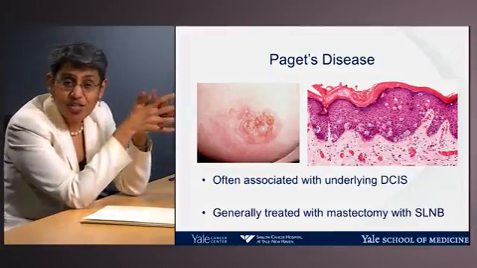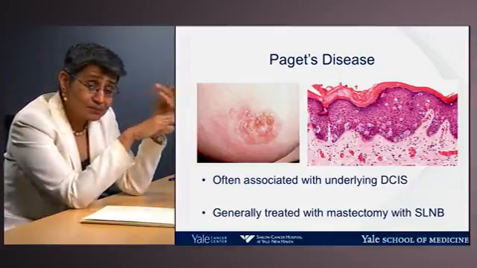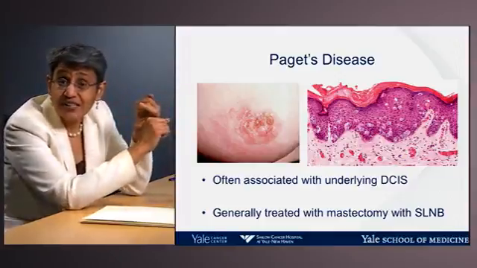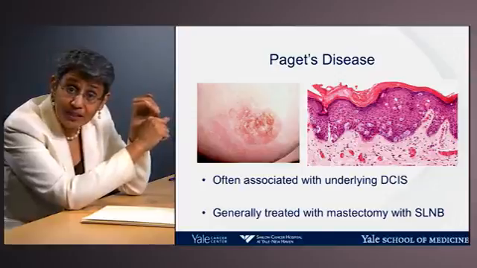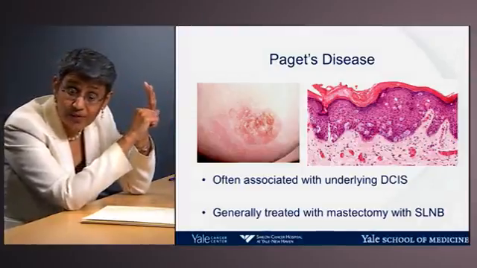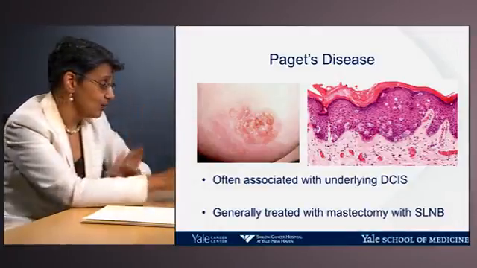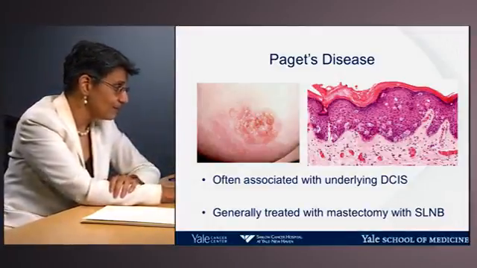So many of these patients will opt for a mastectomy, although not all. But these patients can have skin-sparing procedures with immediate reconstruction. These patients can have a sentinel lymph node biopsy. And frequently, they do not require post-mastectomy radiation therapy.